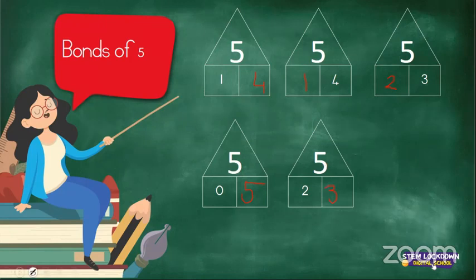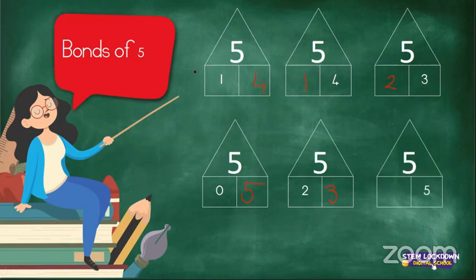And let's look at our last house, boys and girls. What and 5 makes 5? Micah? You must put 0. Do I need to put 0? Okay.